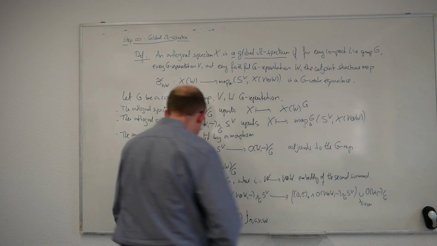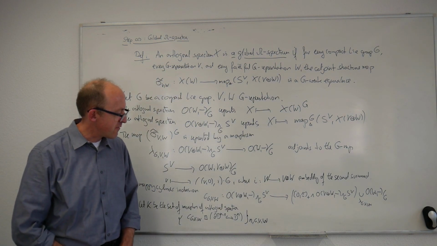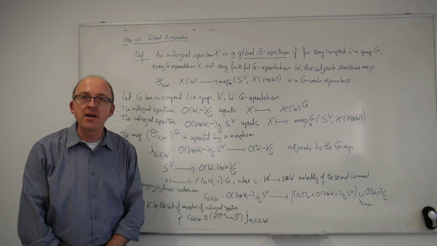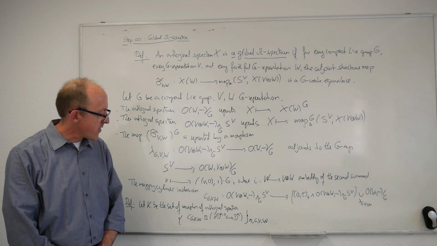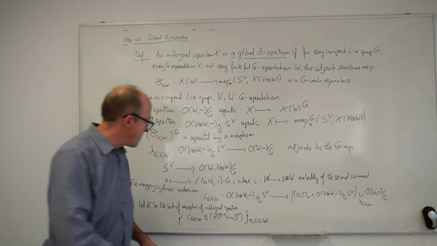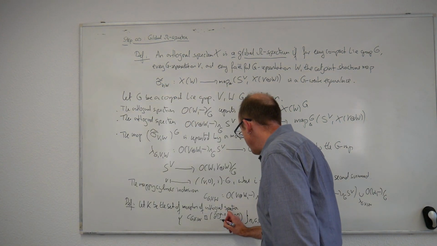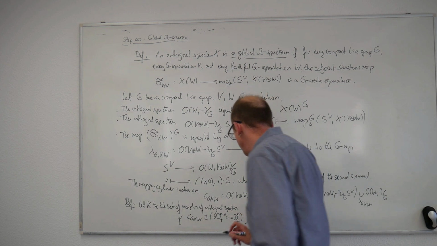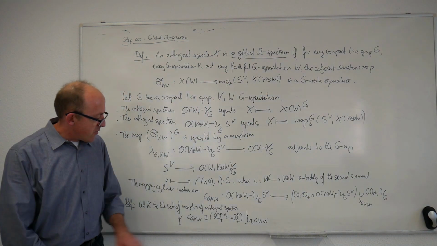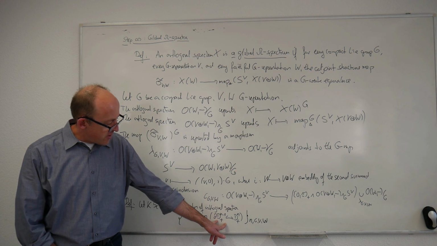and now I'm just going to say in words what we let this run over. So first of all, we let this run over n greater or equal to 0. For n equals 0, this is actually empty, and I guess I wanted to add disjoint base points because we're always in the based situation. So for n equals 0, this is just a point.